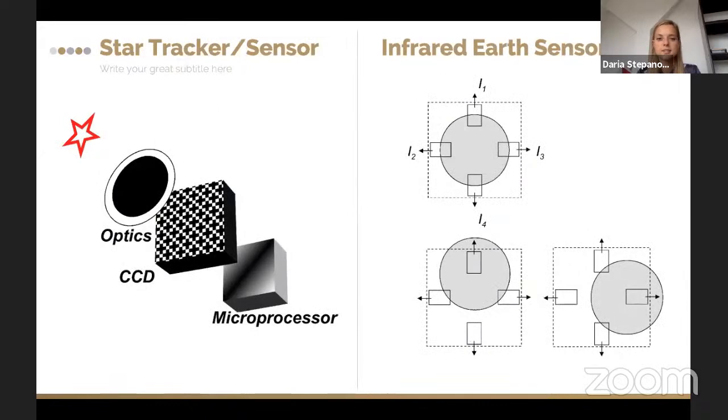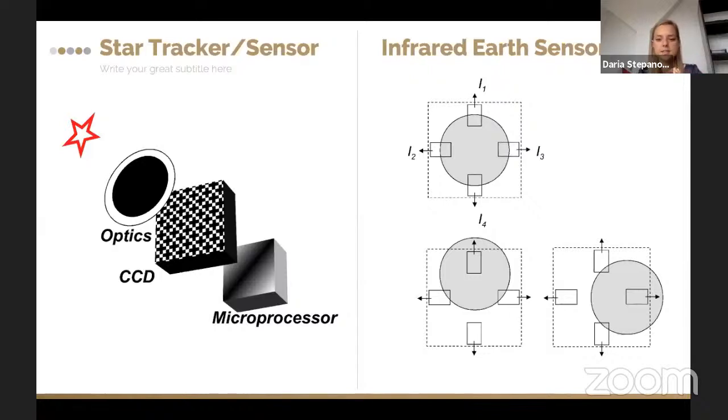A star tracker is pretty much an optical device with a CCD and microprocessor on the back. The picture of the stars is compared to the picture taken by the camera, the misalignment is evaluated, and the angles relative to each other are calculated.